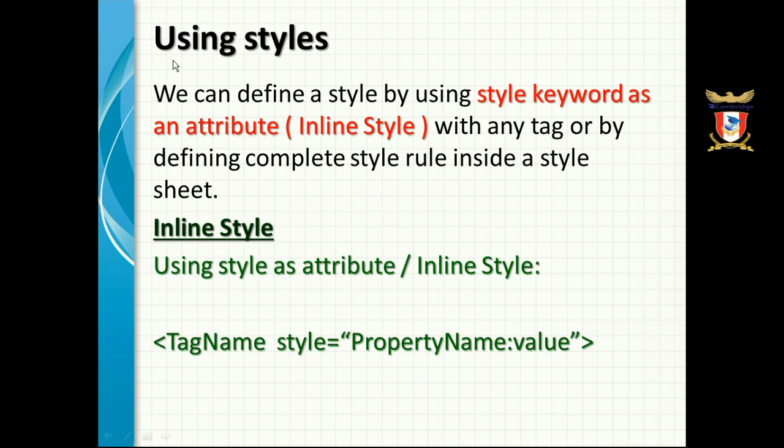First we'll discuss how to use styles. We have many different ways to use style in an HTML document. We can define a style by using the style keyword as an attribute, that is known as inline style. When we use the style keyword as an attribute with any tag, that type of style is known as inline style.